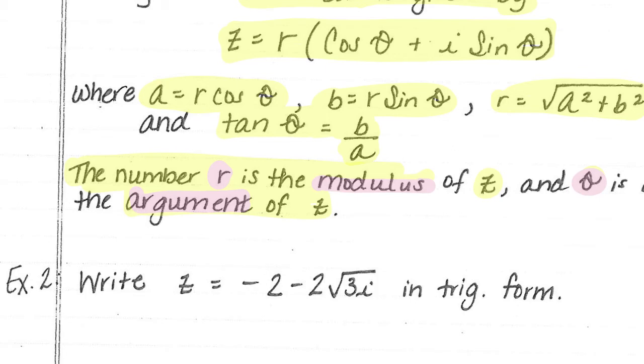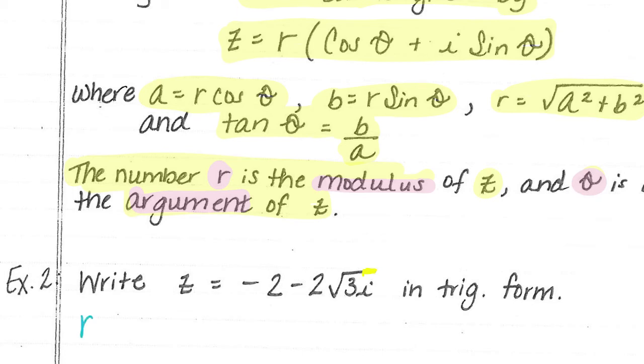Now the first thing is I see there's a little mistake here. This root should not be over the i, so I'm just going to erase that. So the first thing that we have to do is go ahead and find the absolute value.